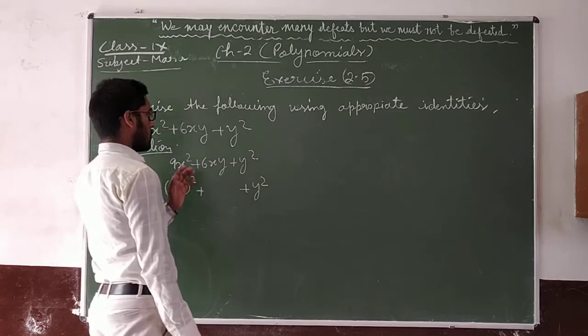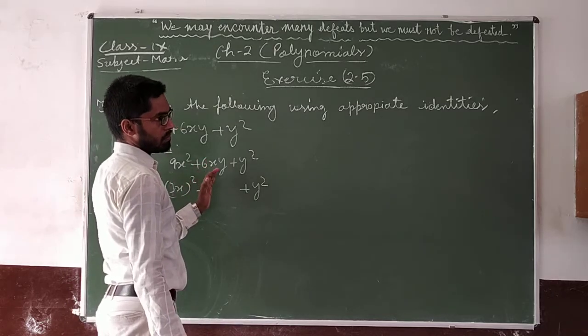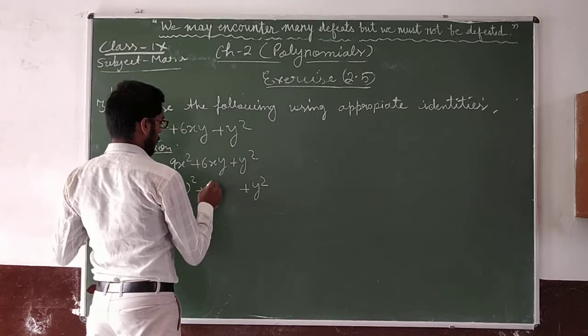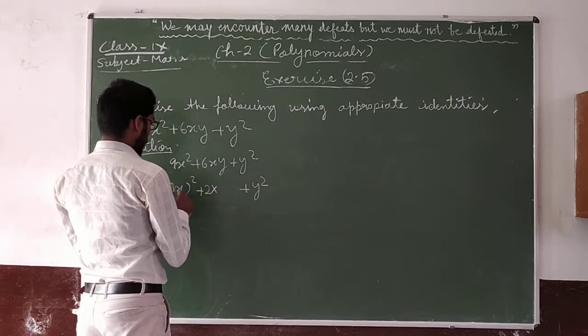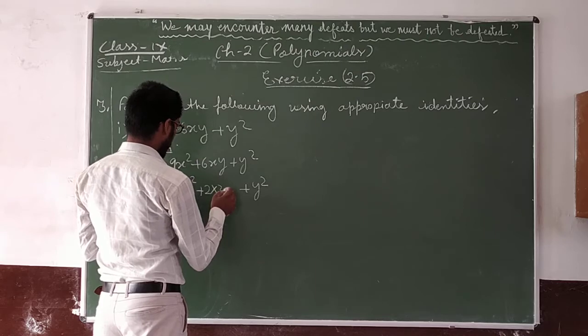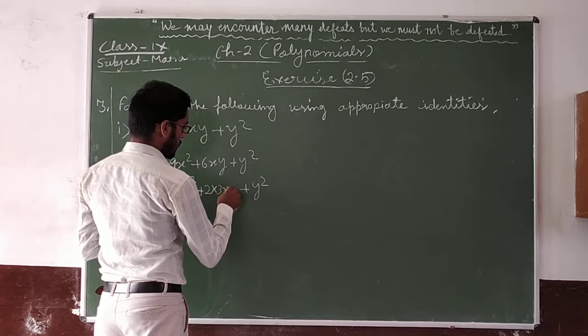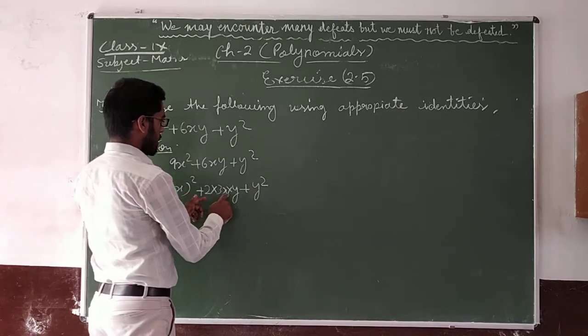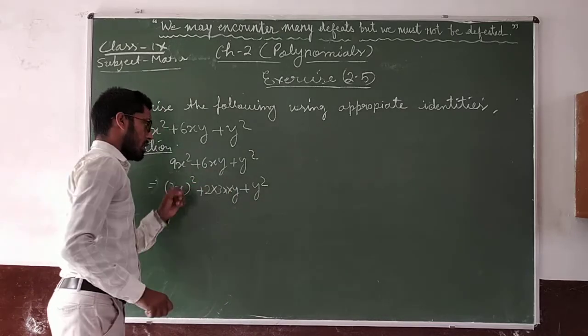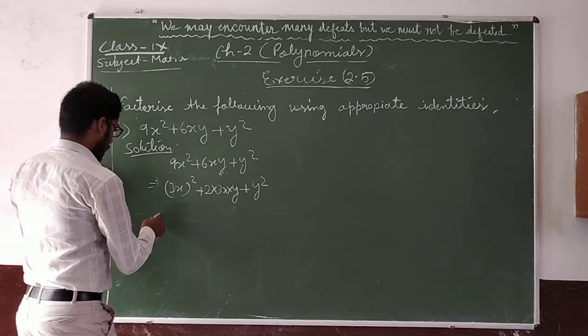Then you will be able to break the middle term. Always write 2 into a, that is 3x, into y. So you can check here 3 times 2 is 6xy. Now you are getting the same middle term.